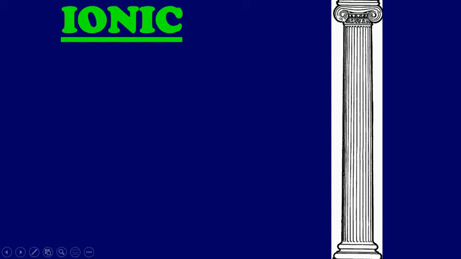And then up here, for the definition of Ionic, I want you to draw this little curly Q up here. So there's a little curl, it goes around and it goes across and then it comes back around. It's almost like looking at a side view of a scroll or two waves facing each other. And then it has these tall, thin columns. And at the bottom, it has a base.